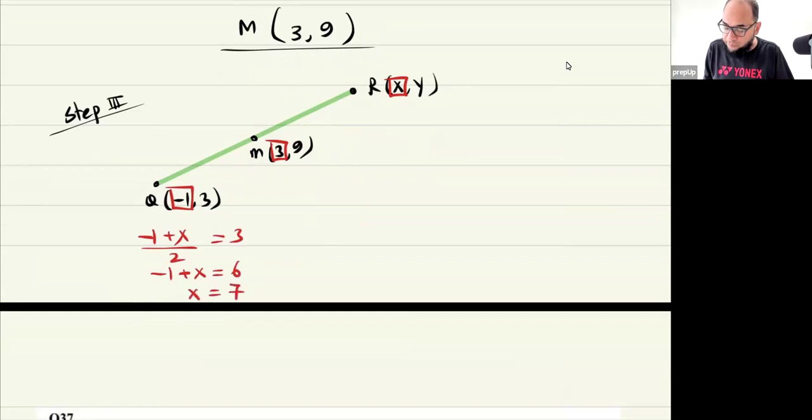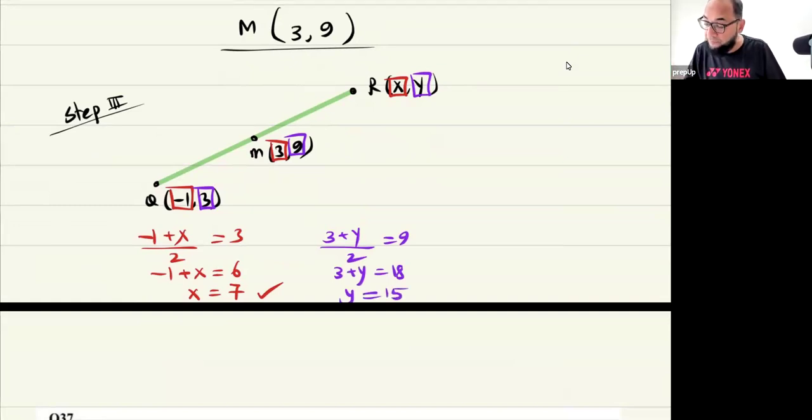Therefore, x comes out to be 7. Similarly, this 3 and this y, the midpoint is 9. (3 + y) divided by 2 is equal to 9. 3 + y is equal to 18. y comes out to be 15, if I have not made any mistake. So therefore, the coordinate of R is (7, 15).